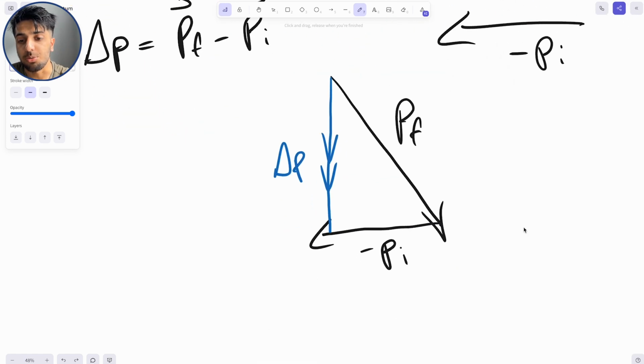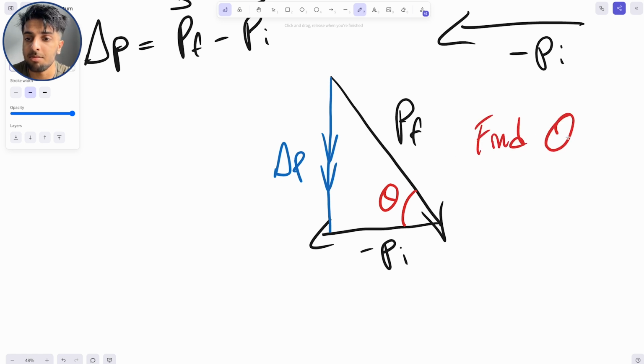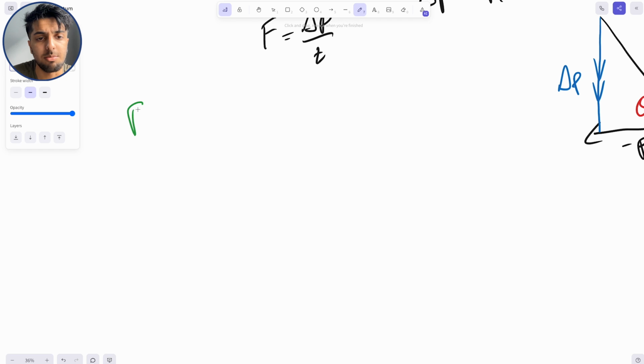So in order to solve this, we need to find the angle between the initial and the final momentums. So we need to find theta. If I redraw these before and after vectors, that's our before, and we can draw after right here.